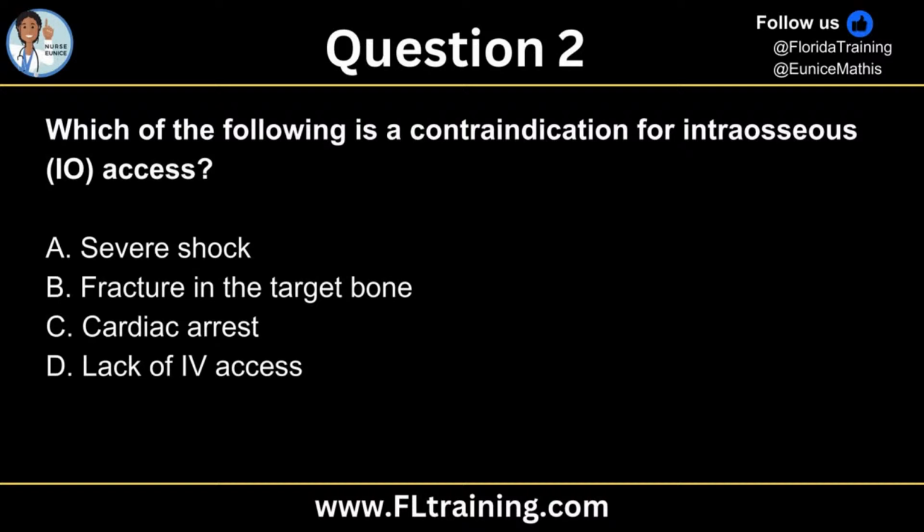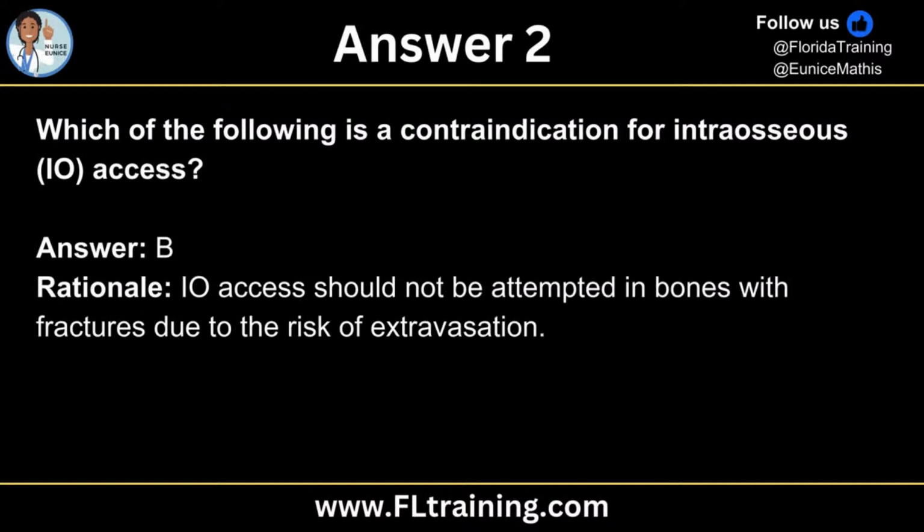Is it A, severe shock, B, fracture in the target bone, C, cardiac arrest, or D, lack of IV access? All right, let us check the answer. It is B. So IO access should not be attempted in bones with fractures due to risk of extravasation.